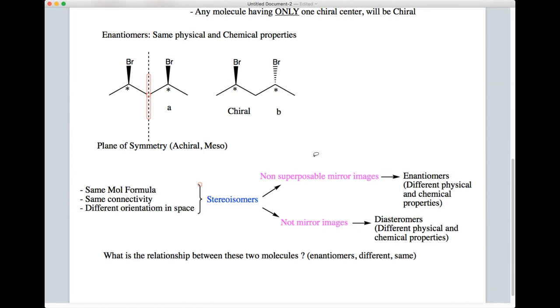Kobe is asking, any given amount of a compound in nature, would enantiomers and diastereomers both be present? Can you isolate one of the other? Okay, so that's an important question. A chiral molecule might have an enantiomer, but not necessarily has to exist as two enantiomers.